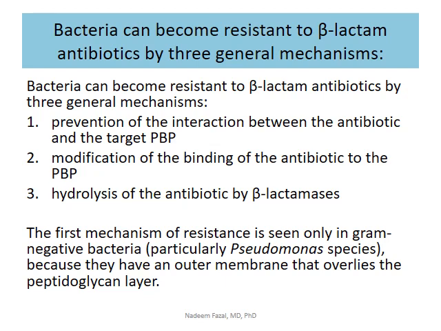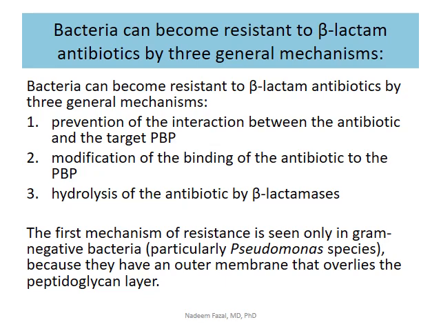The most important thing in this case is that the first one is only seen in Pseudomonas. Pseudomonas, as you know, is a very nasty bug to treat in hospitals. We have Pseudomonas in burn infections, Pseudomonas in lung infections. So we have a problem there because they have an outer membrane that overlies the peptidoglycan layer.